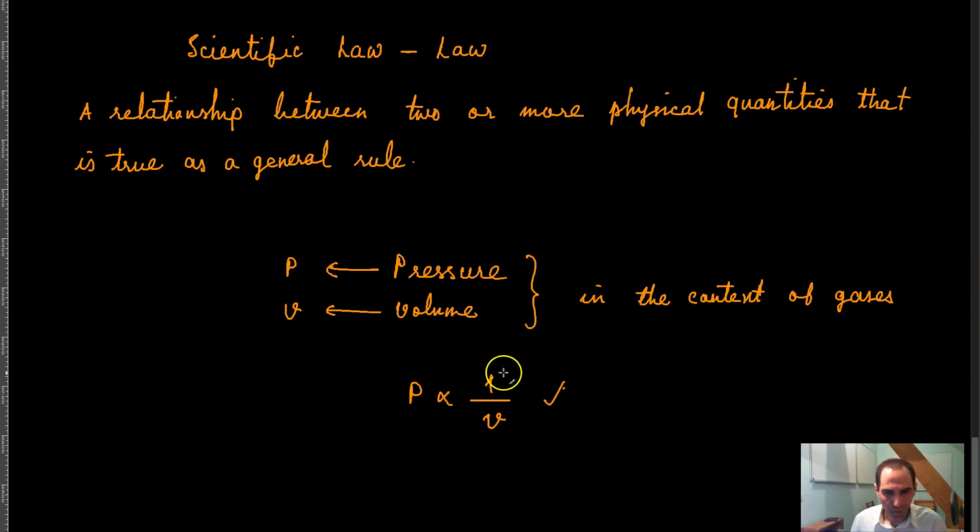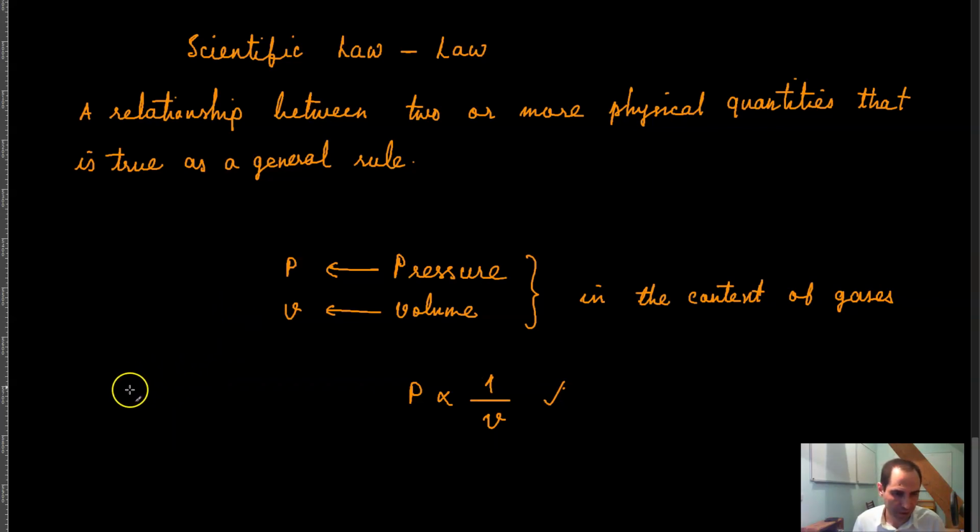So now you know that in mathematics, we have the proportionality sign, and we also have the equality sign. In order to turn proportionality into equality, you have to multiply one side of the equation by some factor.